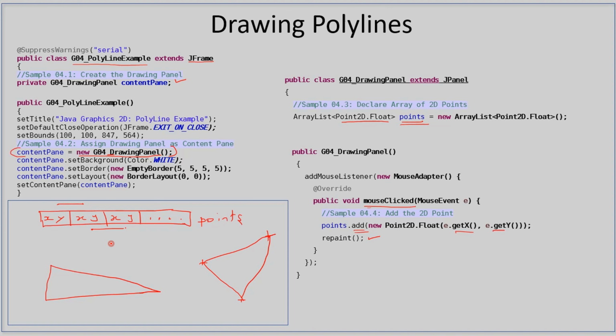So if there are 4 points and the location of the points are like this, then we will be getting our shape like this. So this is what is called creating a complex shape using multiple segments. Sometimes you can mix this with the curveTo segment as well. So if the second segment is curveTo, then the shape will be like this.